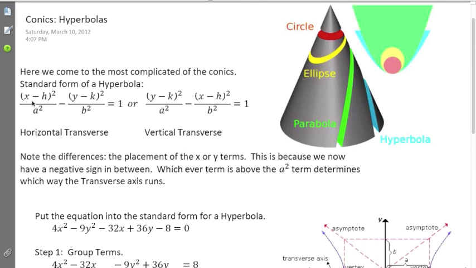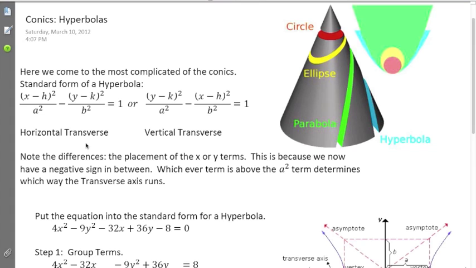If the x squared term is out front, then you're going to have a horizontal transverse axis. Okay, it runs just like the x-axis does. If the y squared term is out front, then you're going to have a vertical transverse axis. The example we have today is using a horizontal transverse axis.